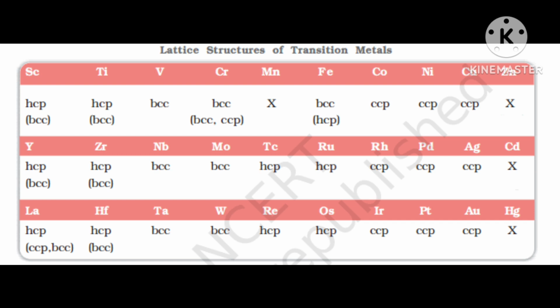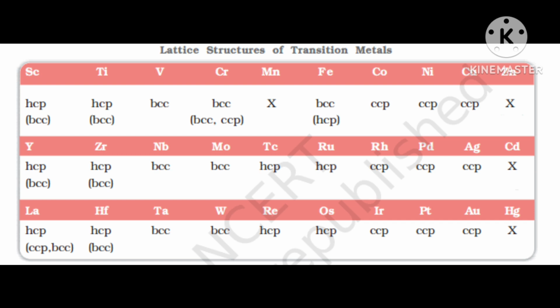Here you have to understand that both (n-1)d electrons and ns electrons are taking part in interatomic metallic bonding. That's why the melting point is high.